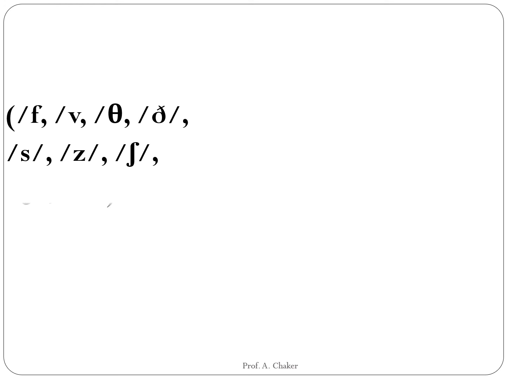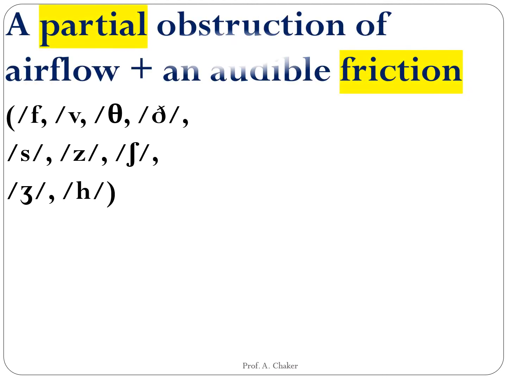Now have a look at these speech sounds, these consonant sounds. How are they produced? Is there any stop? Is there any total obstruction of airstream when we produce these sounds? Listen. Okay, so what do we notice? There is a partial obstruction, and of course when this partial obstruction happens, there is an audible friction. We can hear it.